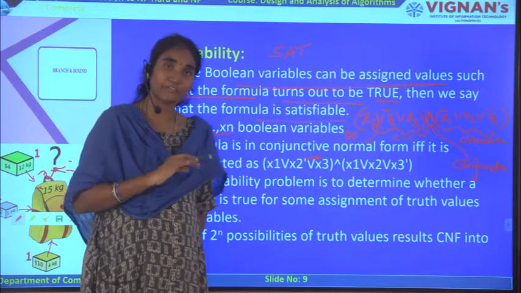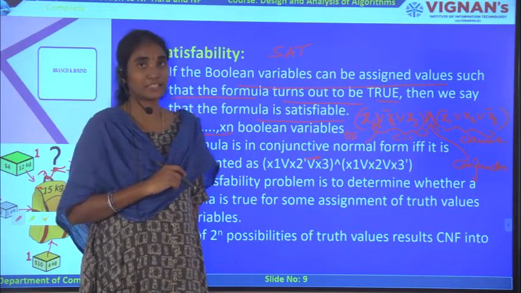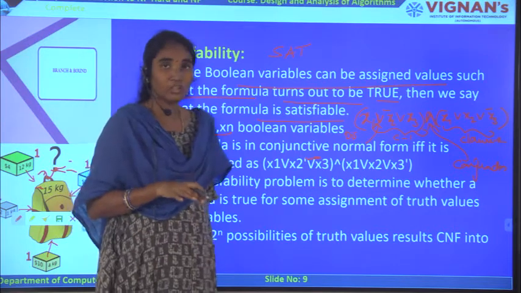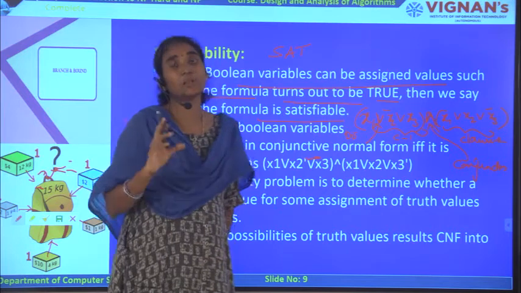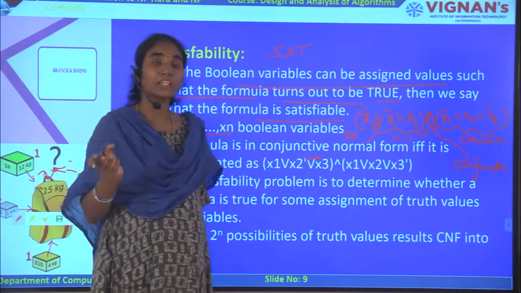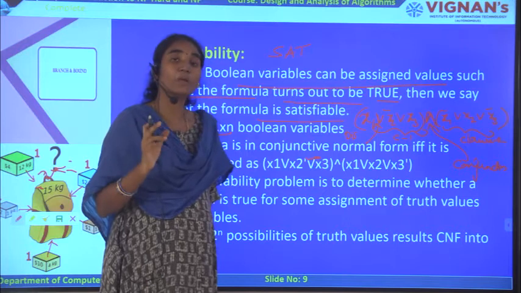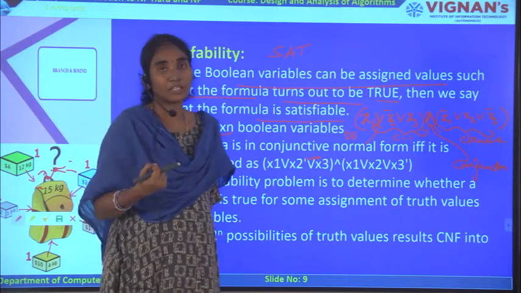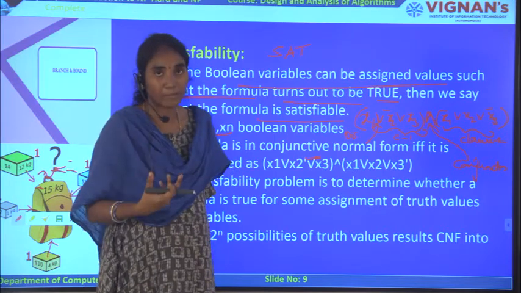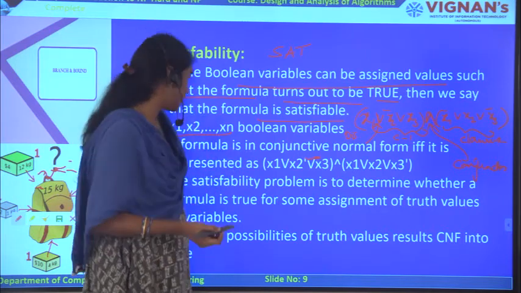I think it's already finished as part of your MFCS subject, so I'm not stressing that more. Basically, a conjunctive normal form means I'll have a set of clauses, each individual clause will have literals with disjunction, and all the clauses will be combined with the help of conjunction, right?